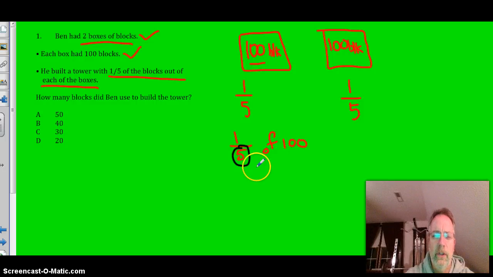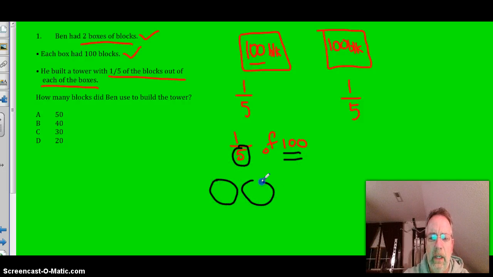In the fraction 1/5, 5 is our denominator, which means that's how many equal parts or groups we need to make out of the whole. So our whole box is 100, so we're going to need to make 5 equal groups of those 100 blocks, so there's the same amount in each group. So here's my 1, 2, 3, 4, 5 equal groups.